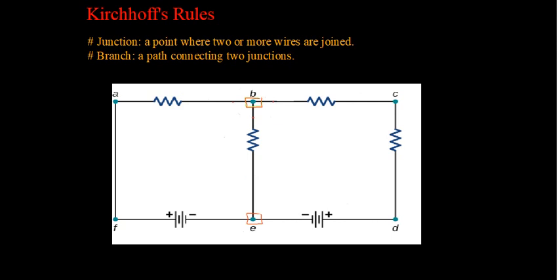Now, the first of Kirchhoff's rules is the junction rule. So I can pick either of these two junctions, B or E, and apply that rule on it, which is: the total current into the junction is equal to the total current out of the junction.